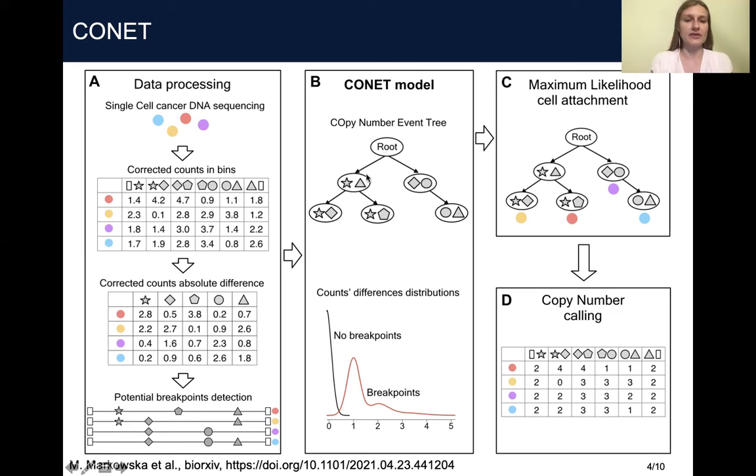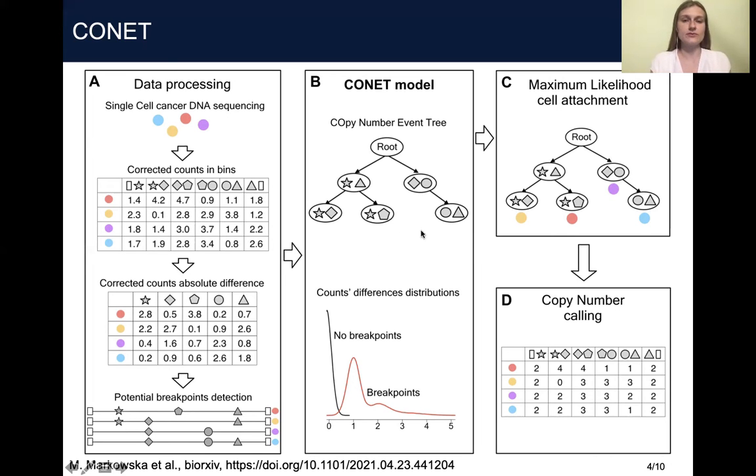This is our copy number event. And you can easily observe that the copy number events can overlap. For example, here, the first node includes a long copy number event from a star to a triangle, and then a following event overlaps with this one. This is a short event from a star to a diamond.